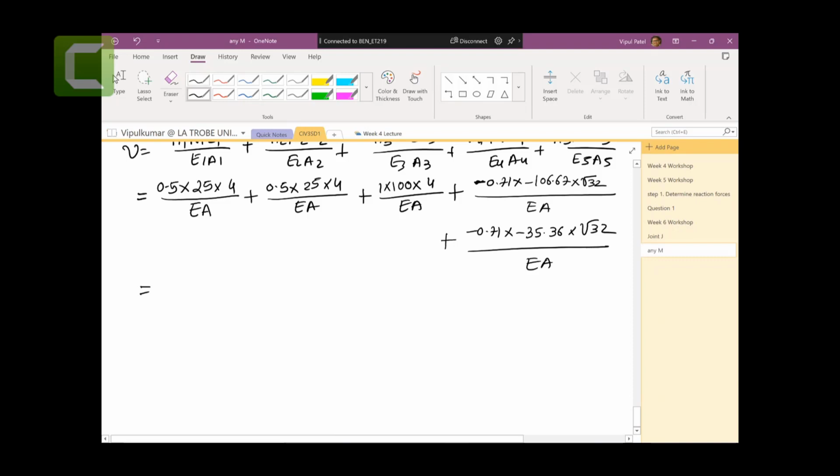So 0.5 times 25 times 4, you get 50 over EA. 50 over EA. 400 over EA. Then 428.43 over EA, and 142.02 over EA.